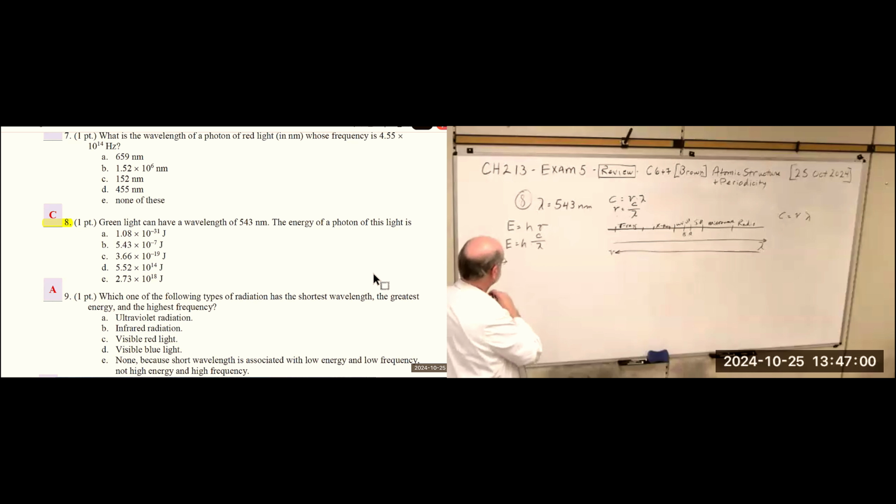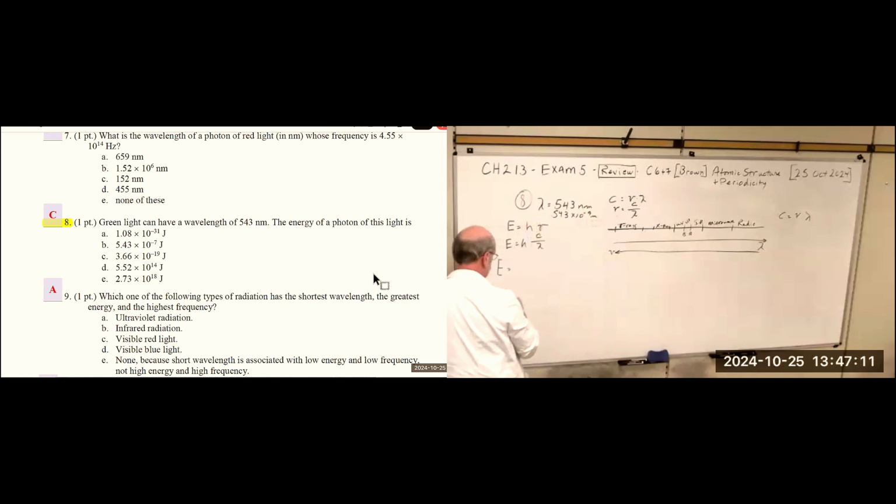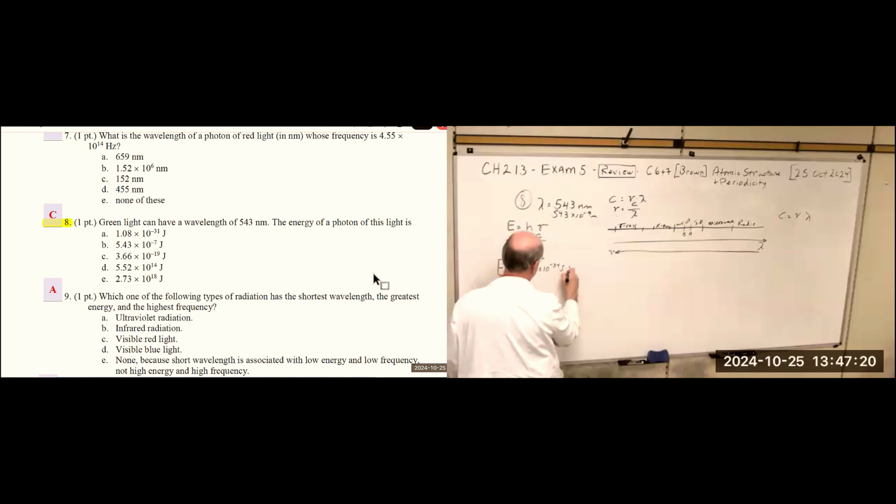Okay. So now, well, we also need to change this to meters. 543 times 10 to the minus 9 meters. Planck's constant, I think I remember, 6.626 times 10 to the minus 34 joule seconds.